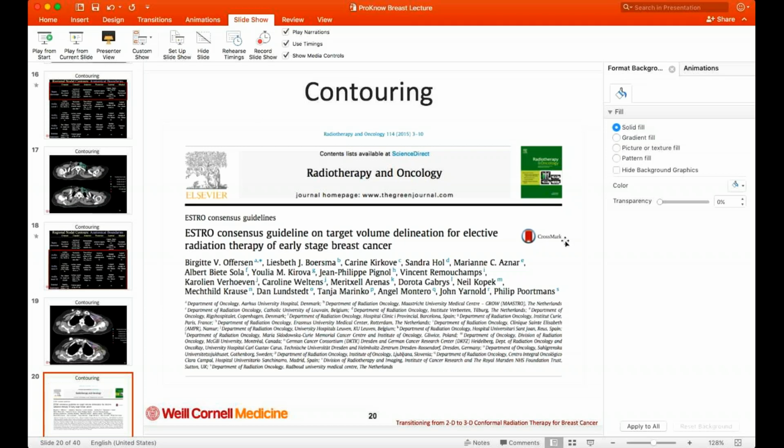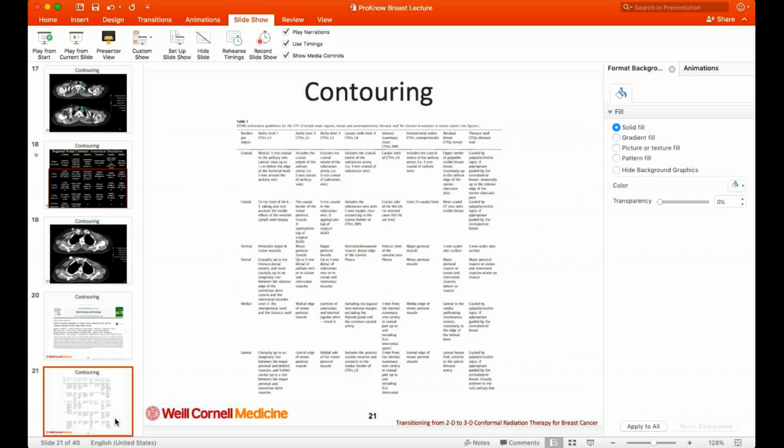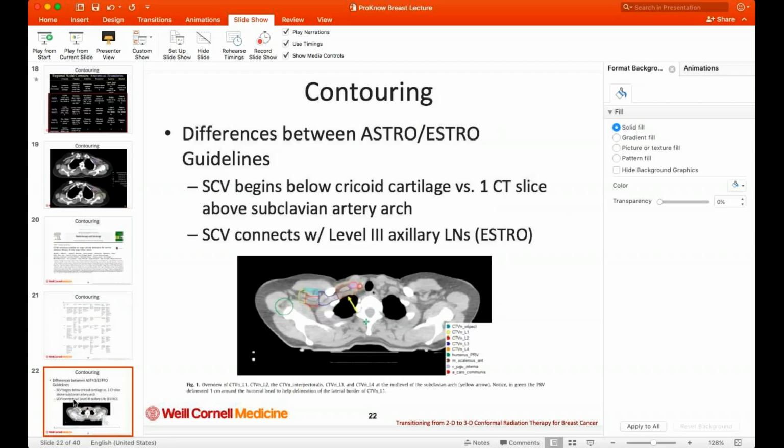I shared the screenshot with you in case people want to look up this publication. Many of their definitions are the same, but they do define the breast as the anterior border being 5 millimeters under the skin surface, and we'll talk about why in a little bit.